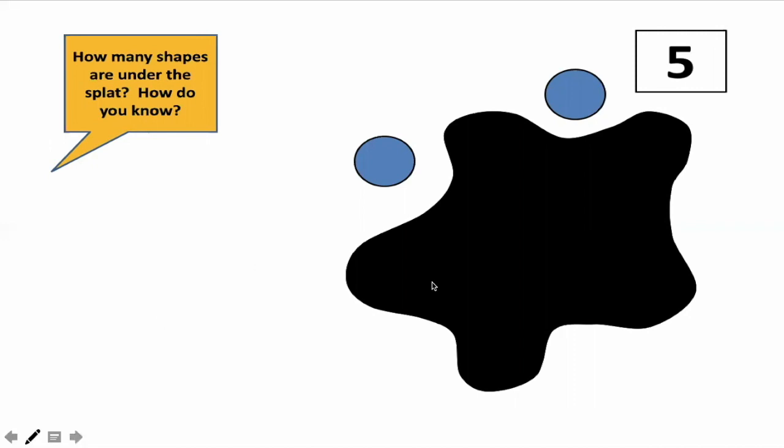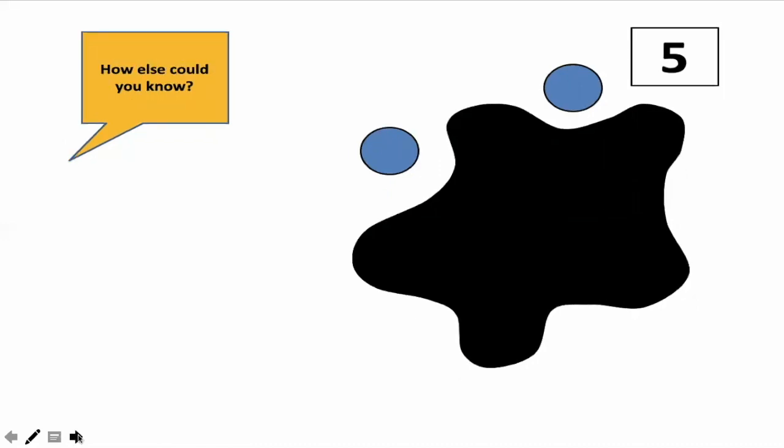Well, we had 5 altogether, and so we can say 2 plus something equals 5, or we can say 5 minus 2 equals something. So how many are under the splat? 3. All right, how else would you know?